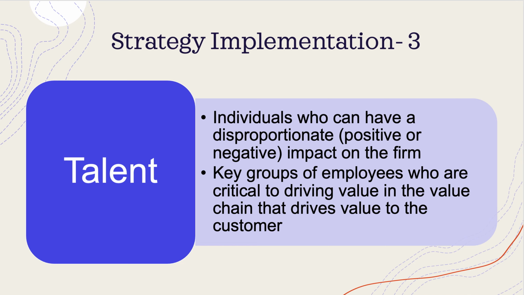I want you to note that while all employees are inherently valuable and their performance is necessary for the organization to succeed, certain employees provide more strategic value. It's just an is.